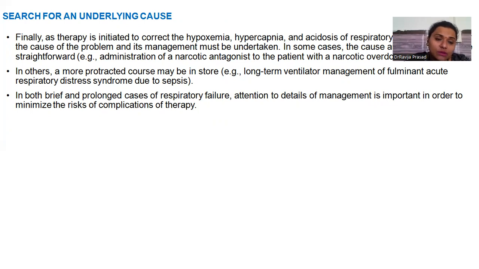In others, more protracted courses may be in store, such as long-term ventilator management of acute respiratory distress syndrome due to sepsis. In both brief and prolonged cases of respiratory failure, attention to details of management is important in order to minimize the risk of complications of the therapy.